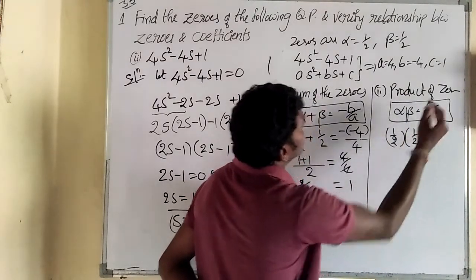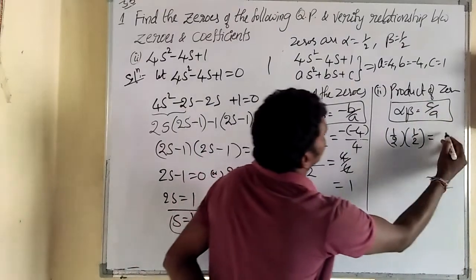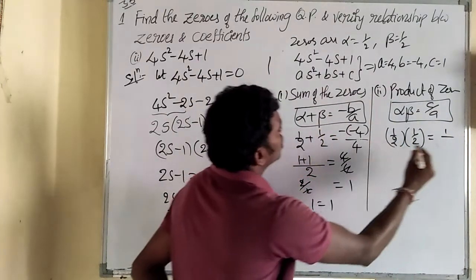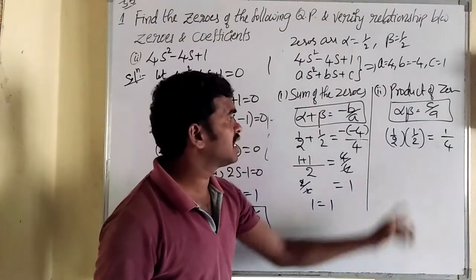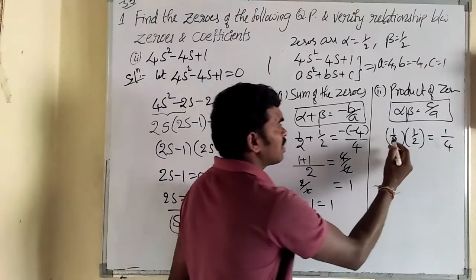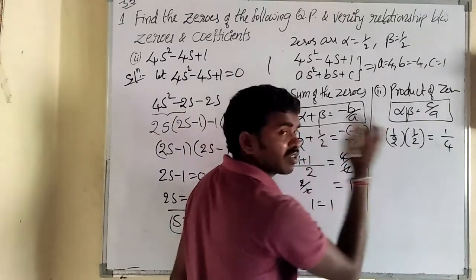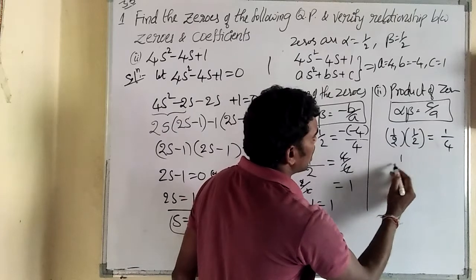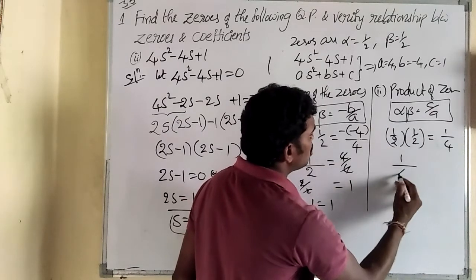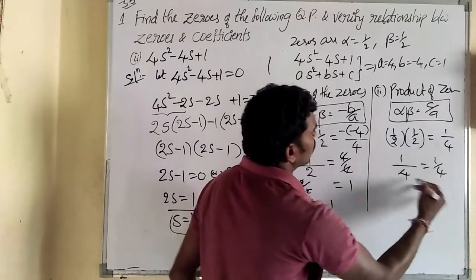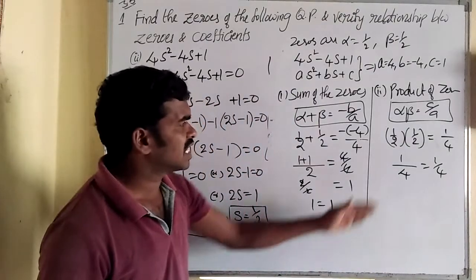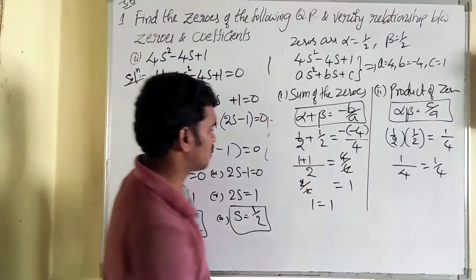And it is equal to, what is the c value? The c value is 1, by a value, how much? 4. Here it is multiplication, so we can directly multiply numerator with numerator, denominator with denominator. 1 into 1 is 1, 2 into 2 is 4, equal to 1 by 4. Okay, is it satisfying? Yes, it is also satisfying.